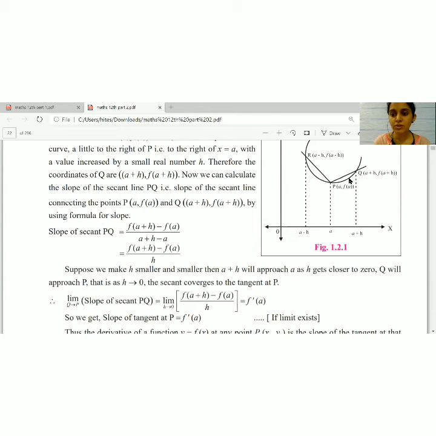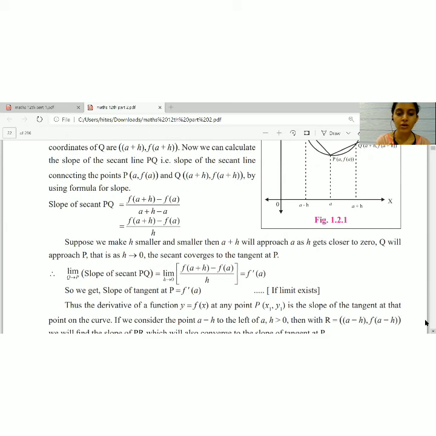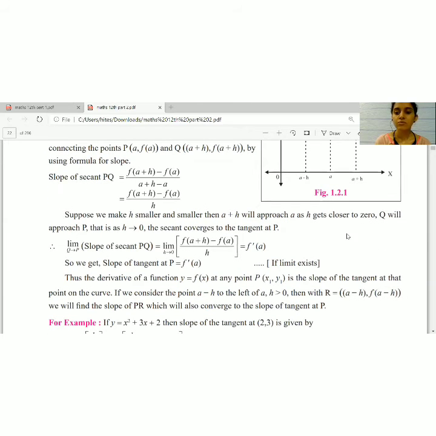Point Q will come lower and lower and should meet point P. That is, they should become one point, or one single line cutting the curve at only one point. So Q will approach P, that is h tending to 0. The secant converges to the tangent at P. What happens? It becomes a tangent at P.